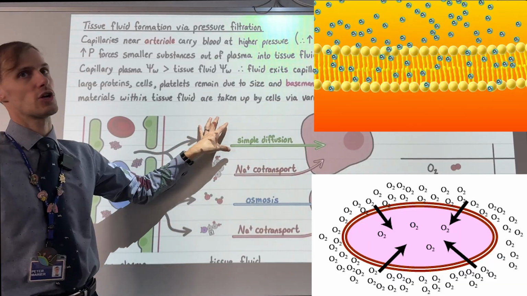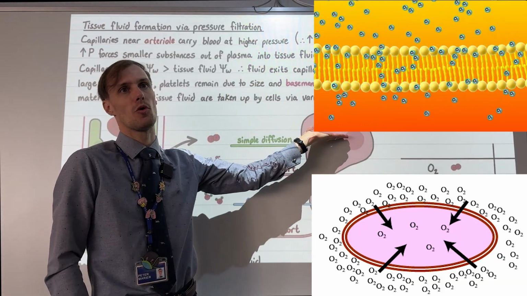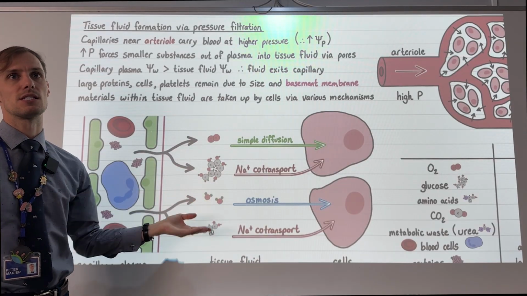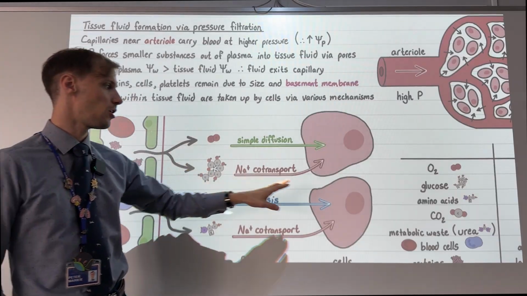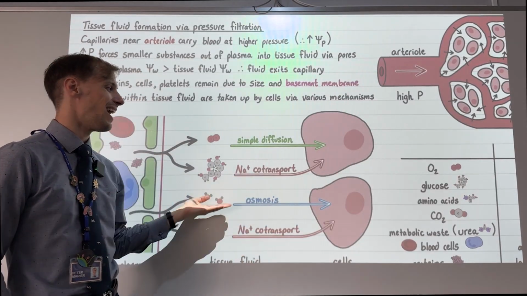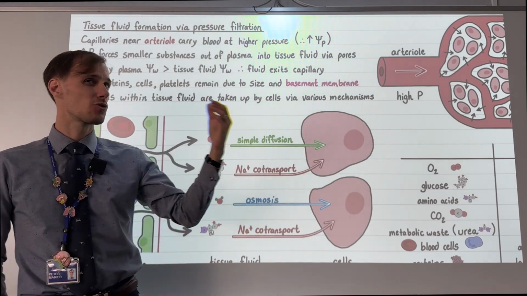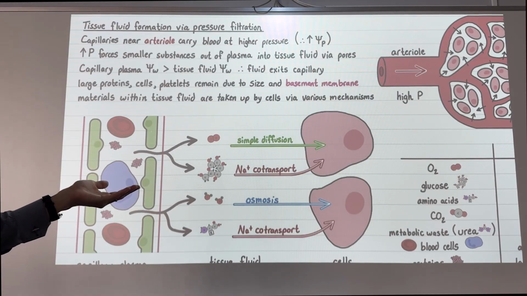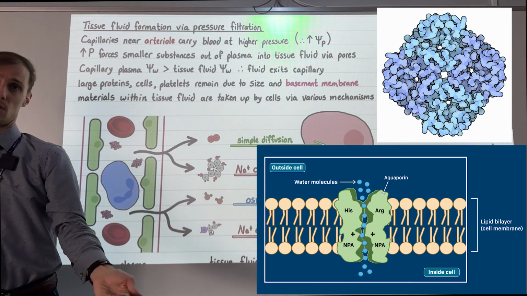Because the concentration of oxygen is higher here than in the cells, it's going to flow in no problem. Now, water, as we've already discussed, is going to flow in via osmosis. We have a high water potential here, low water potential in here. And as we've discussed previously, while water can pass directly into cells via the membrane, the vast majority of water entering cells is usually through aquaporins, but it is still osmosis.